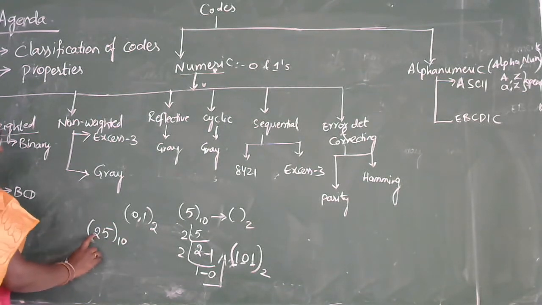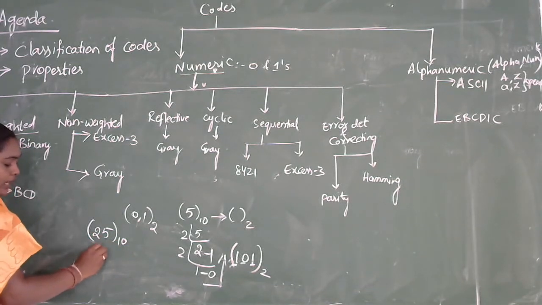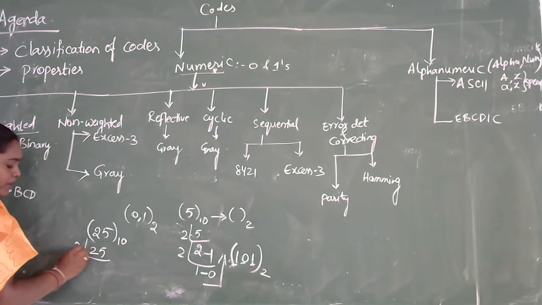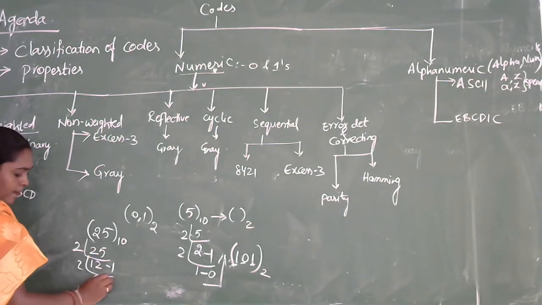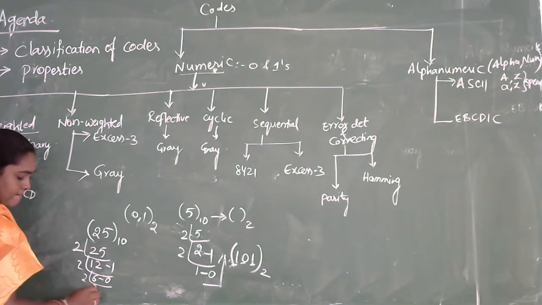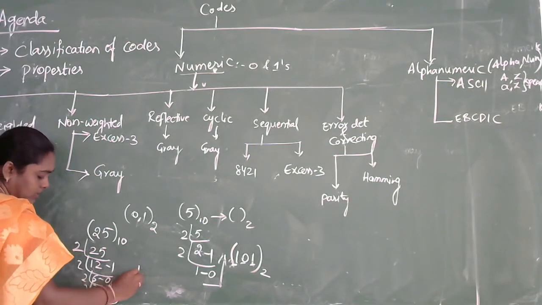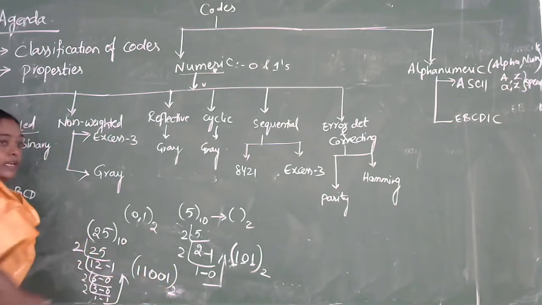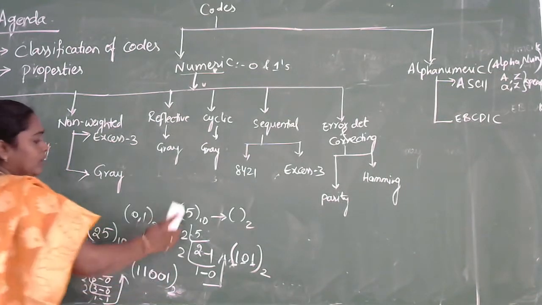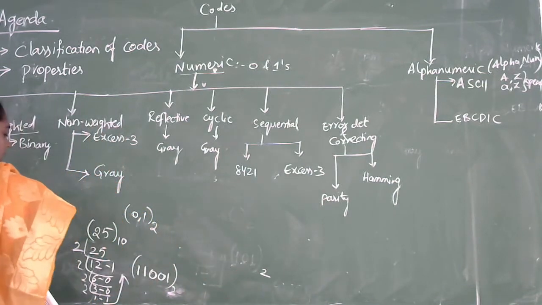If I want to convert this 25 into binary, I need to divide 25 by base 2. So the equivalent of 25 in binary is 11001.